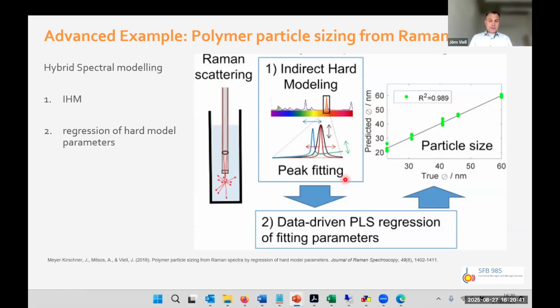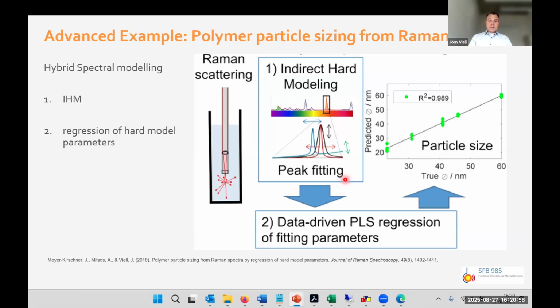So in this publication, we applied a hybrid modeling approach. First IHM in order to quantify the concentrations of the polymers and the monomers, so what is readily known and detectable, and then we had the rest, which is basically the spectral error.